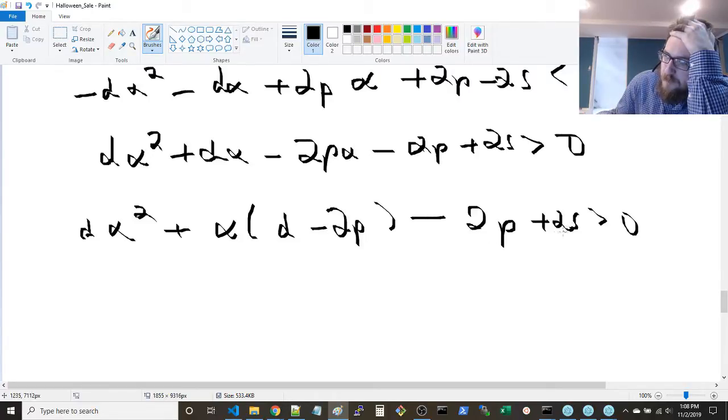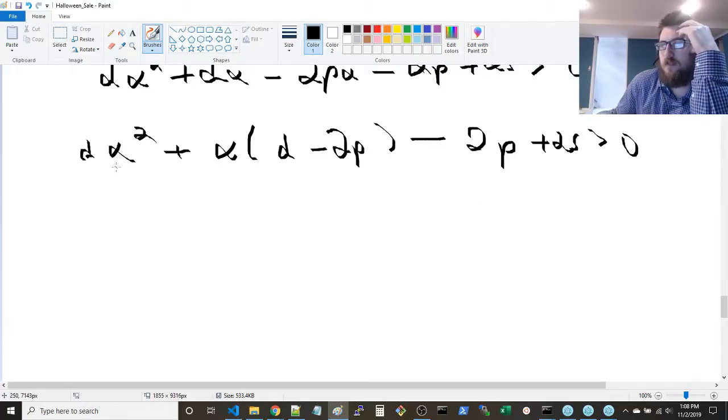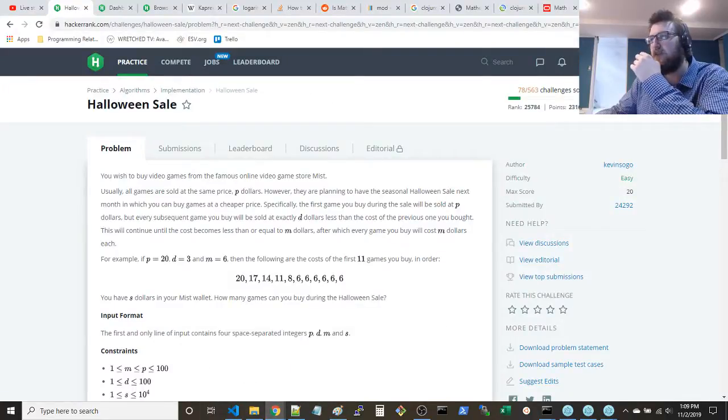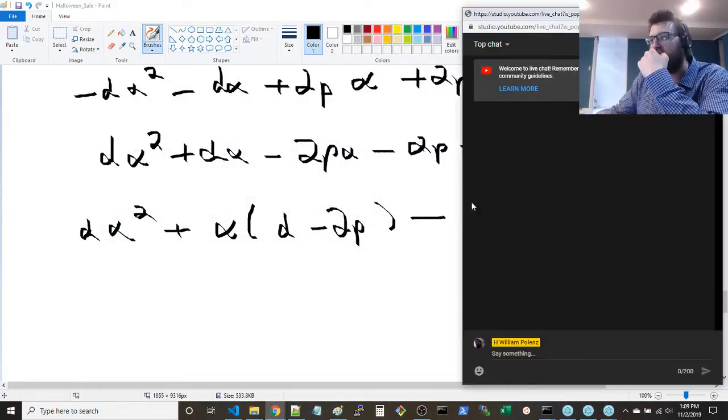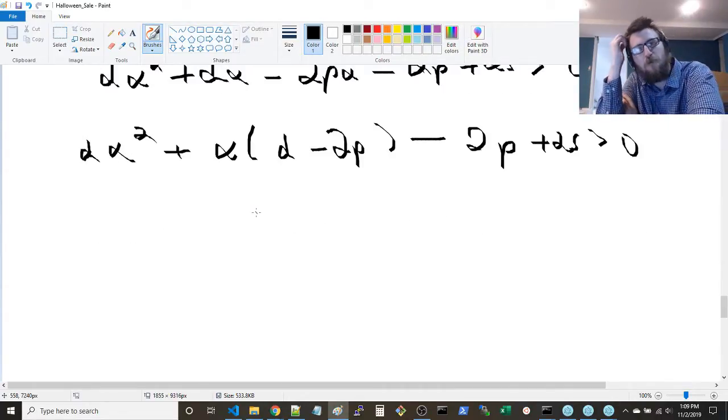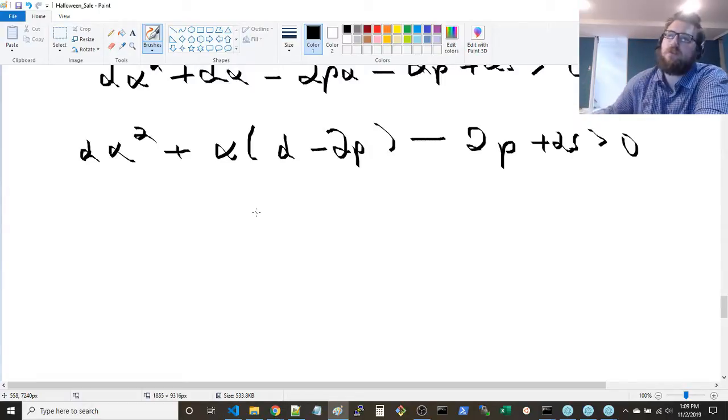What this is going to look like is, how does this work? It's kind of interesting. This is kind of an interesting technique we're about to use: the quadratic formula to find the roots. So I'll show you what this will look like.